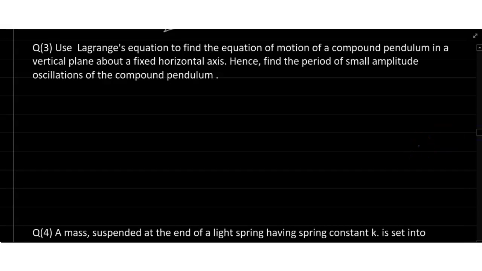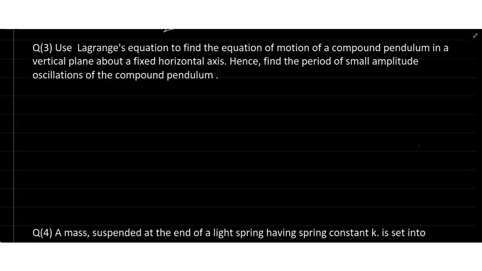Use Lagrange's equation of motion to find the equation of motion of a compound pendulum in a vertical plane about a fixed horizontal axis. Hence find the period of small amplitude oscillations of the compound pendulum.